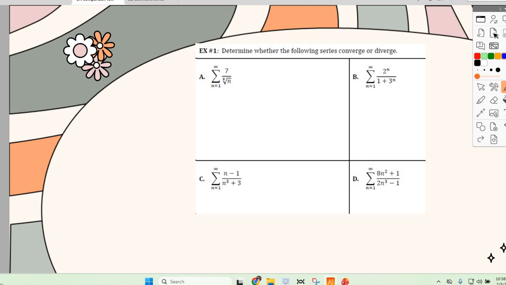Our assumption, which we have to prove, is that this is probably also going to diverge since it looks close to that. So then the thing that I want to compare it to would just be 1 over my cubed root of n.